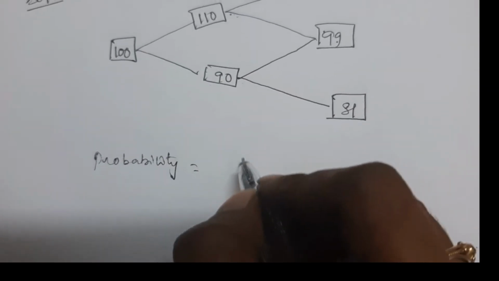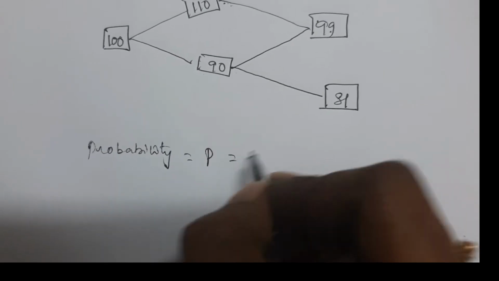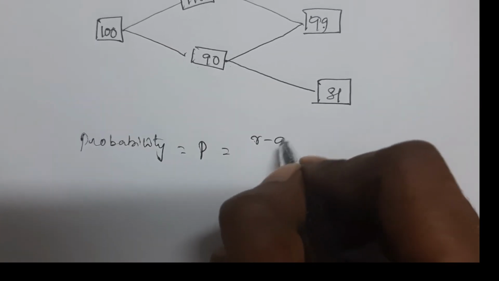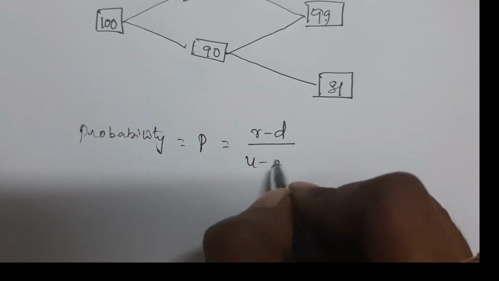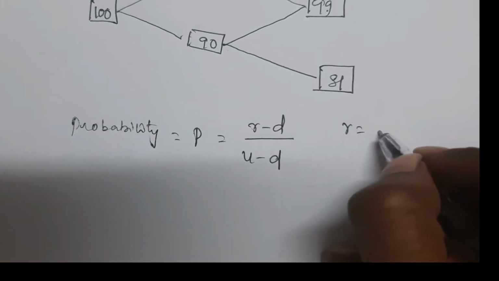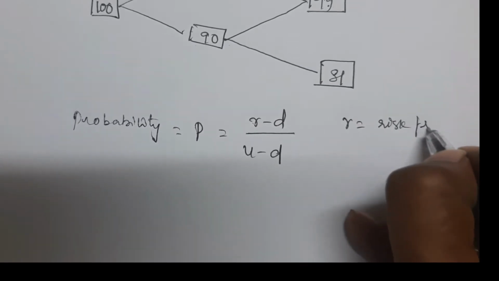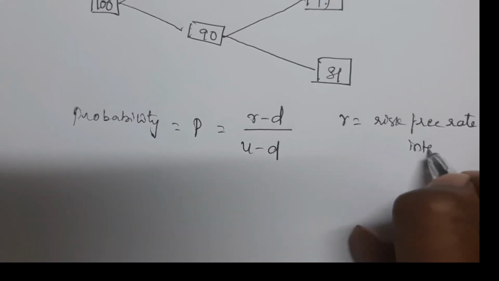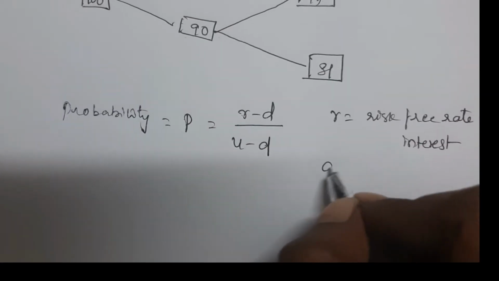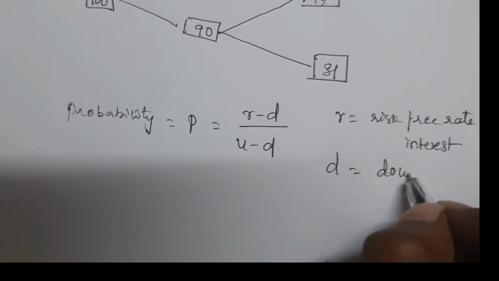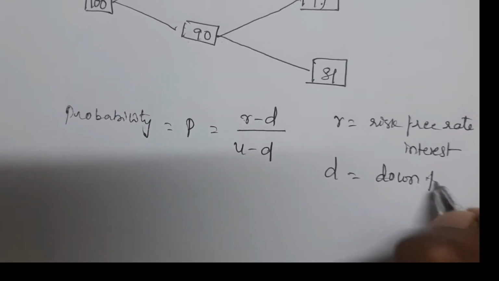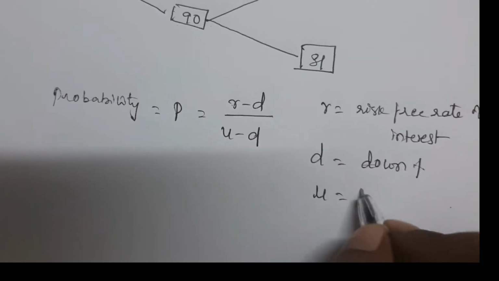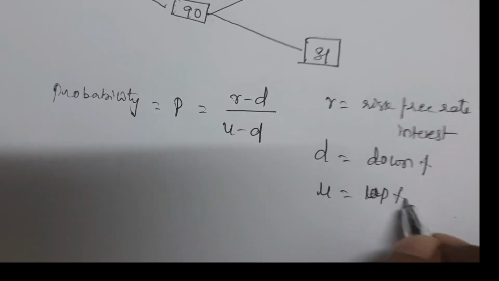So here the formula of probability is P is equal to R minus D divided by U minus D, where R is equal to the risk-free rate of interest, D is equal to the down percentage, and U is equal to the up percentage.